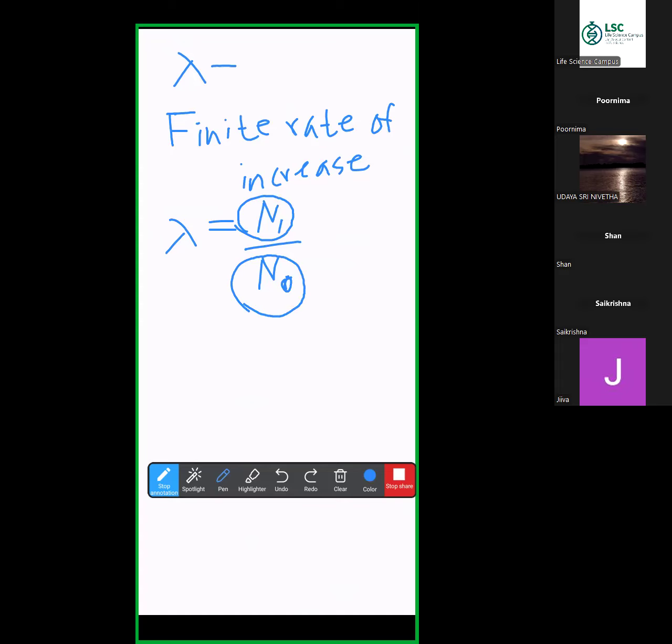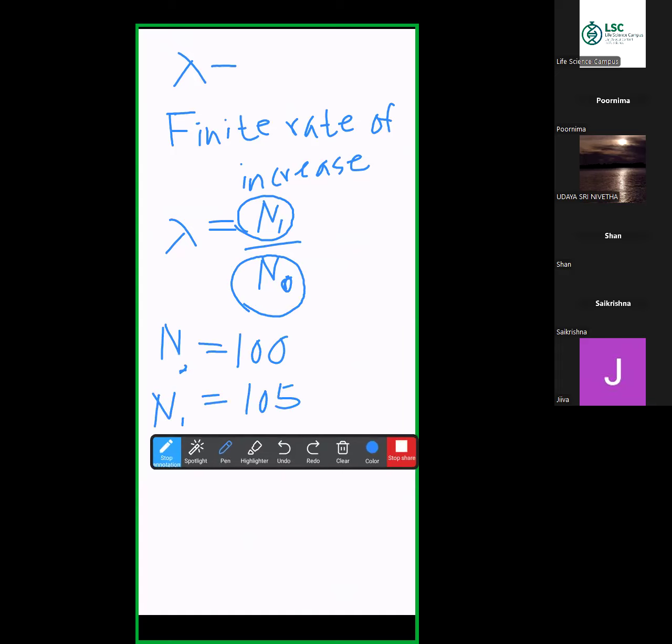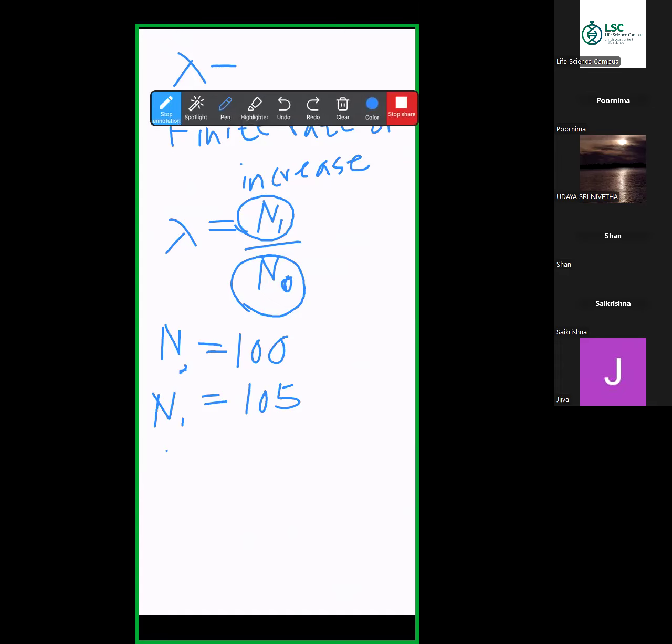So the ratio of population size from one year to the next is the finite rate of increase. For example, we can take N0 as 100 and N1 is 105. This is just an example. To find out the finite rate of increase, we have the equation lambda is equal to N1 by N0.